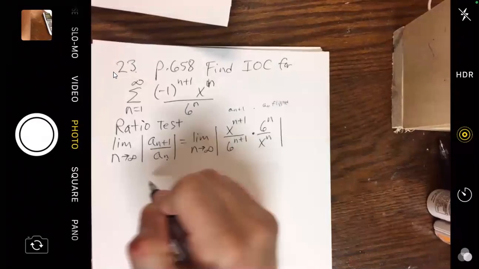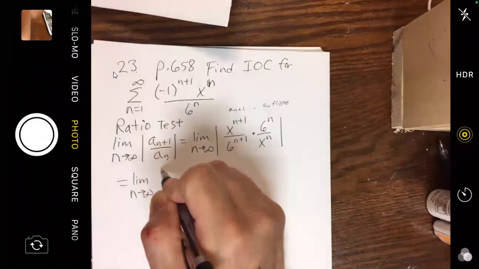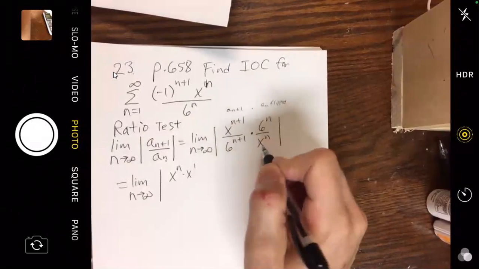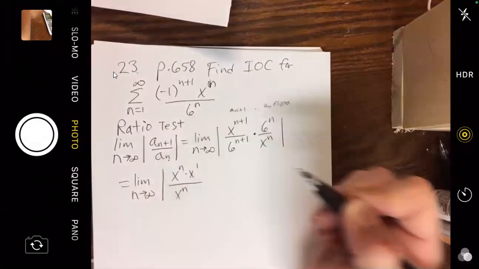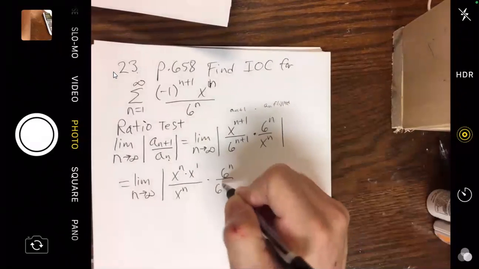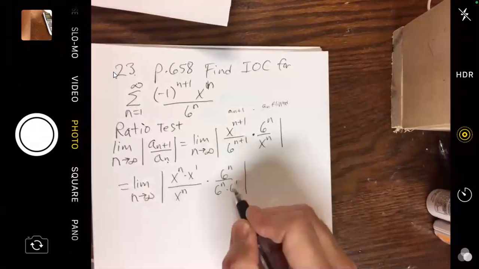All right, well then again, collecting: x to the n times x to the 1 here, collect the x to the n under it. And you have 6 to the n here, and 6 to the n times 6 to the 1. I'm just writing in the ones for clarity.